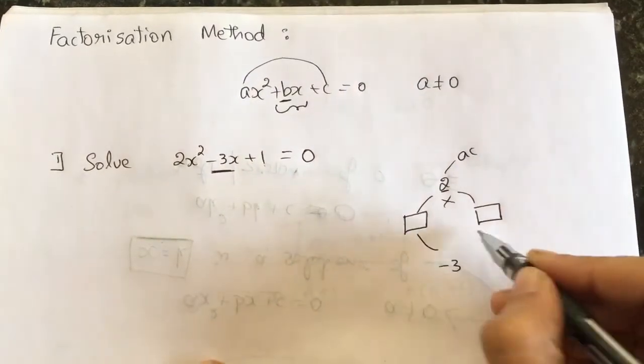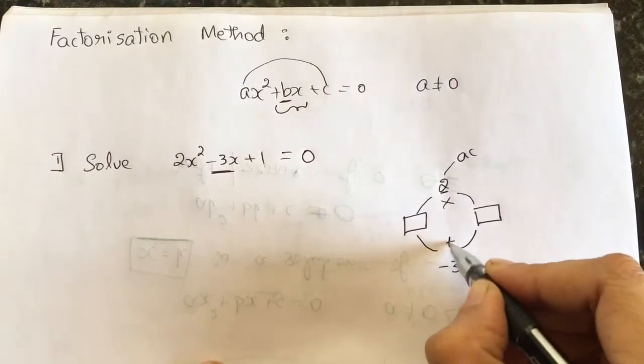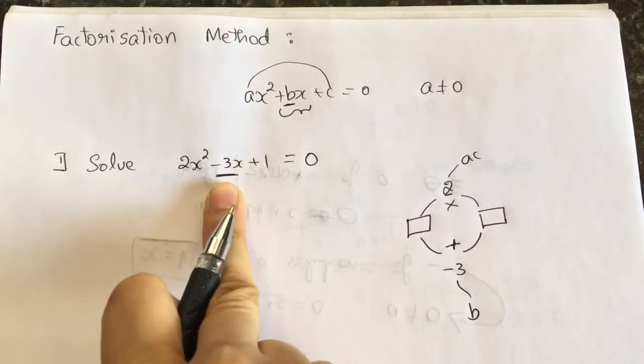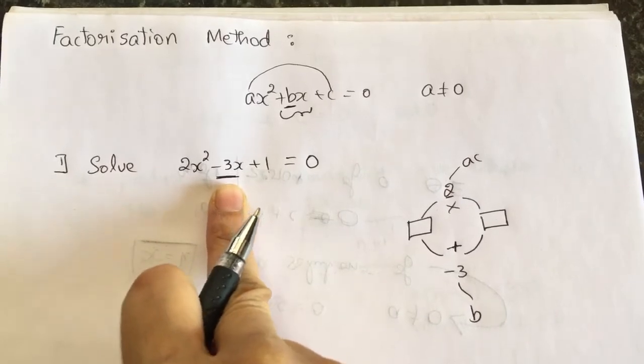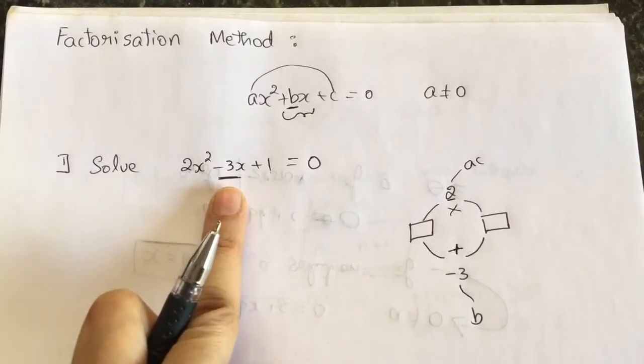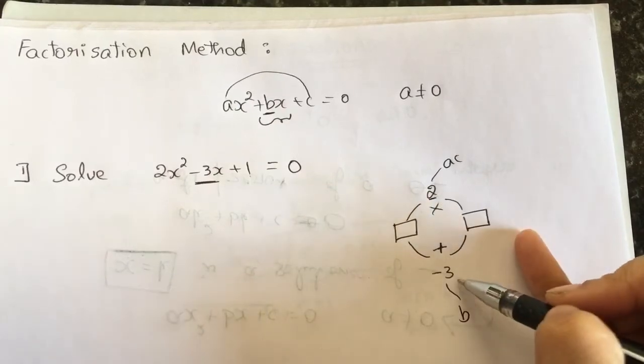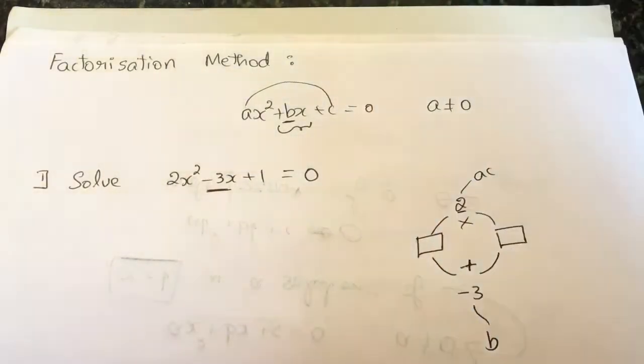And their sum should give me the value of B, that is minus 3 over here. What are those numbers which give me product 2 and sum minus 3? That I have to calculate.